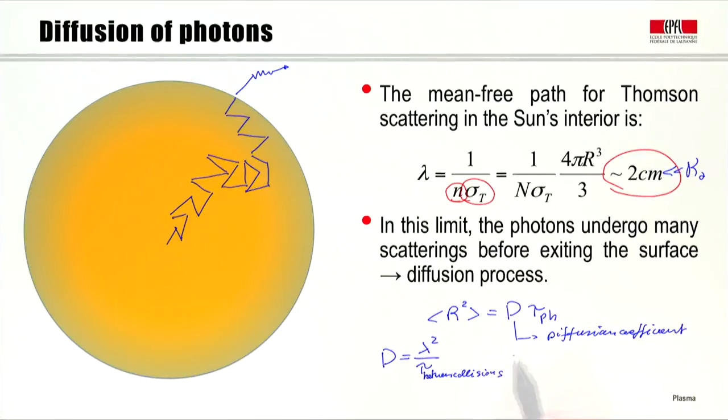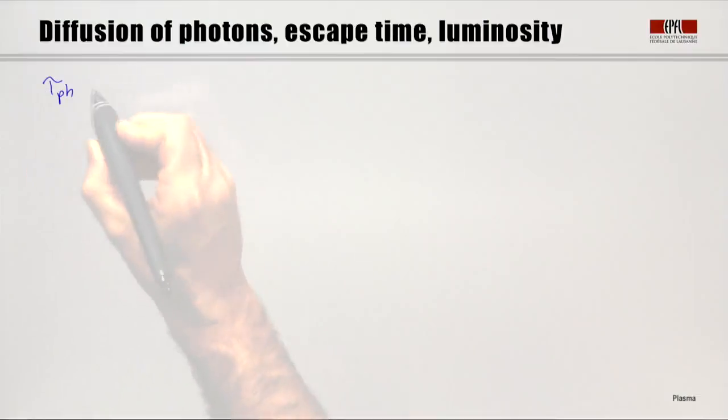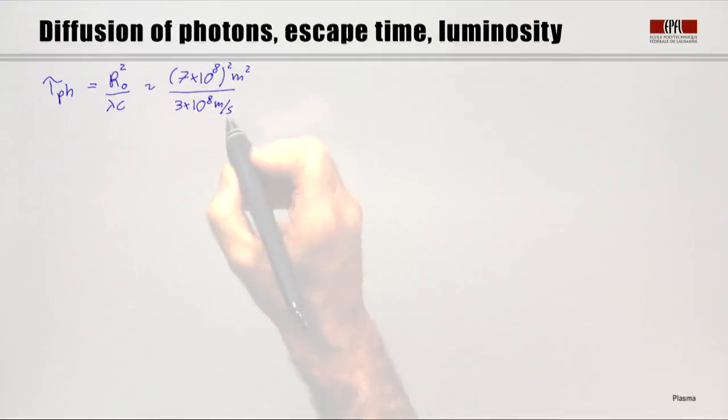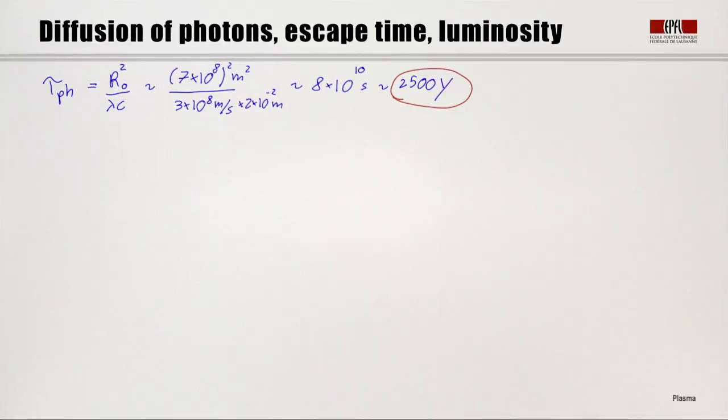If we use this formula, we can compute an average time that it will take for an ensemble of photons to diffuse up to the surface of the Sun in the following way. The striking result is that it will take approximately 2,500 years for a photon to escape from the center to the surface of the Sun.